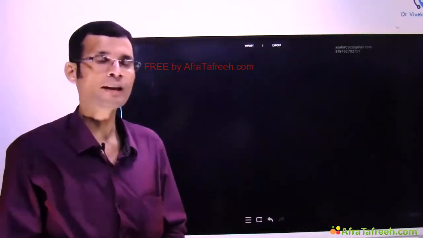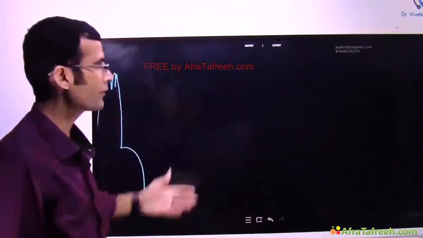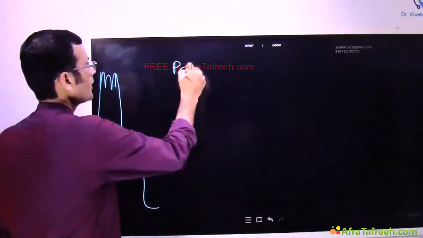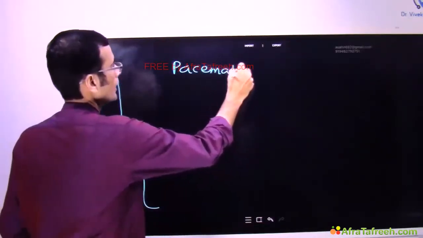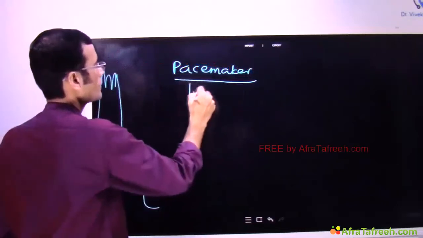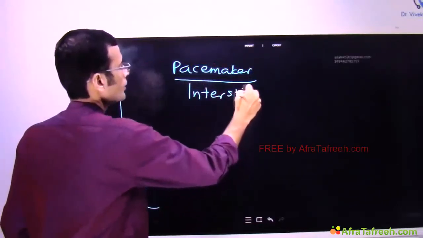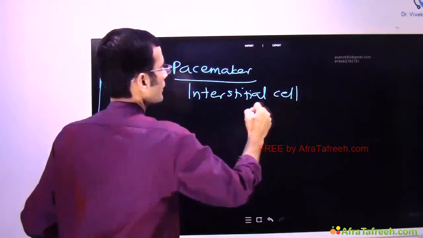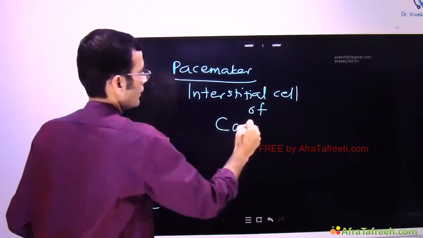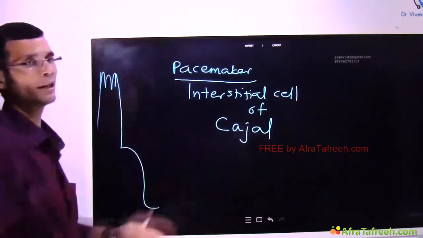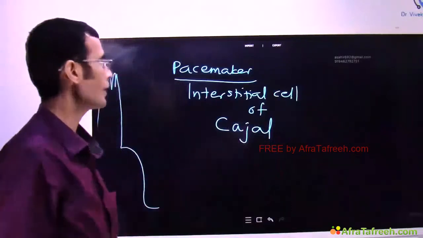Which cell is called the pacemaker that will determine this pace? The pacemaker cell in the gut is called the interstitial cell of Cajal. That's the cell called the pacemaker cell.